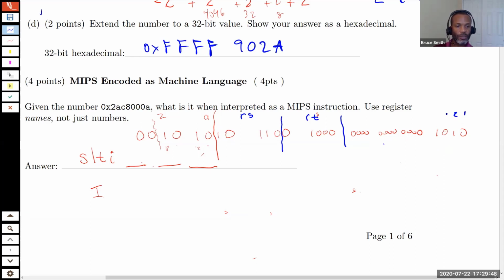So 1, 2, 4, and 8. I know that this is going to be a number 10. And so now I just have these two numbers here, 1, 2, 4, 8, and 16.